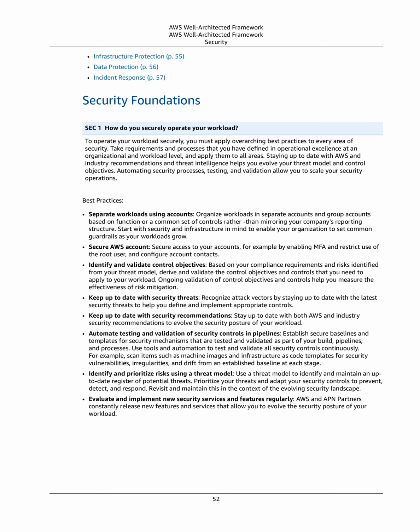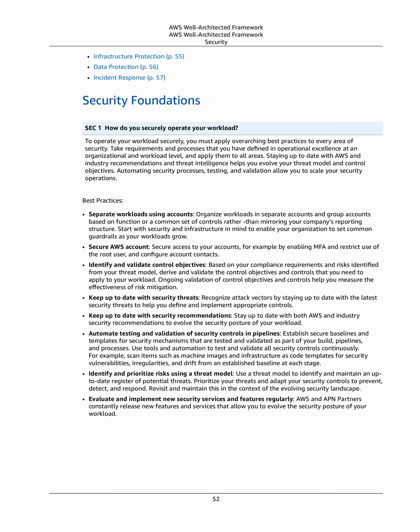Identify and validate control objectives. Based on your compliance requirements and risks identified from your threat model, derive and validate the control objectives and controls that you need to apply to your workload. Ongoing validation of control objectives and controls help you measure the effectiveness of risk mitigation. Keep up to date with security threats. Recognize attack vectors by staying up to date with the latest security threats to help you define and implement appropriate controls.